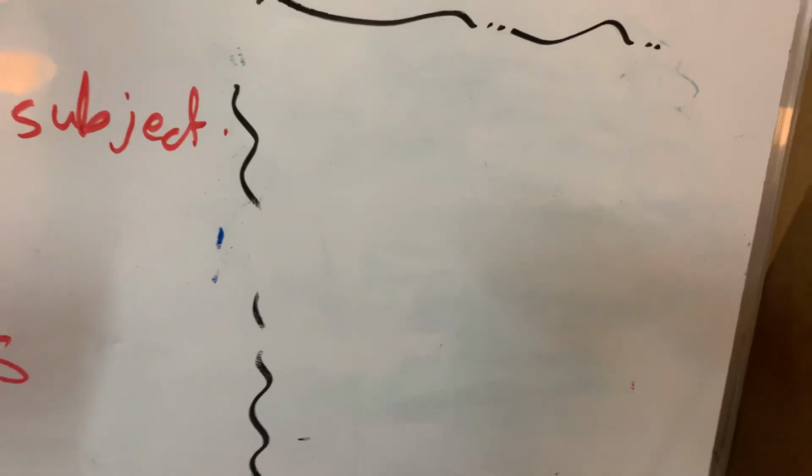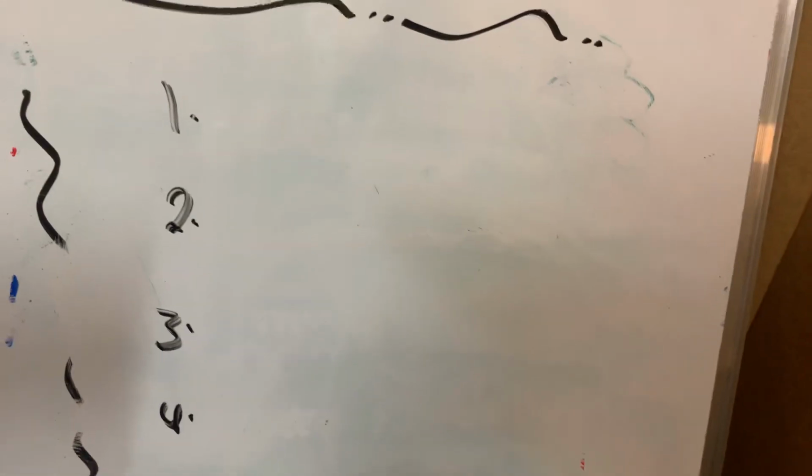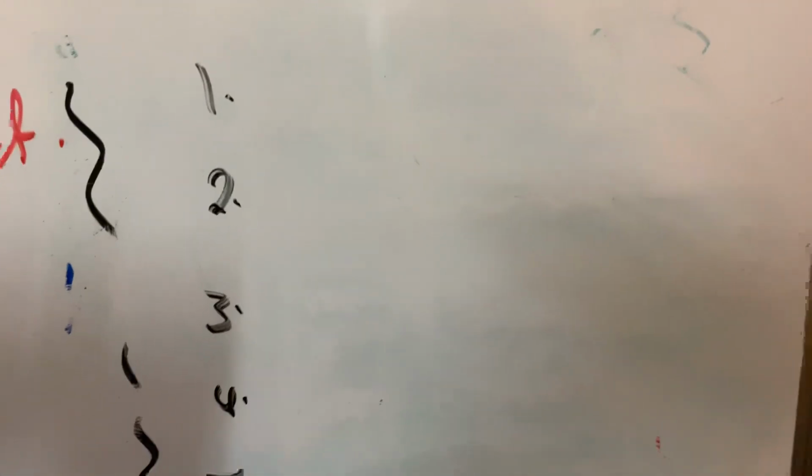We have exercises from 1 to 6. Let's do it together. Look here. Number 1. Susan doesn't want to paint outside. The sentence is negative. So if it's negative, so or neither?